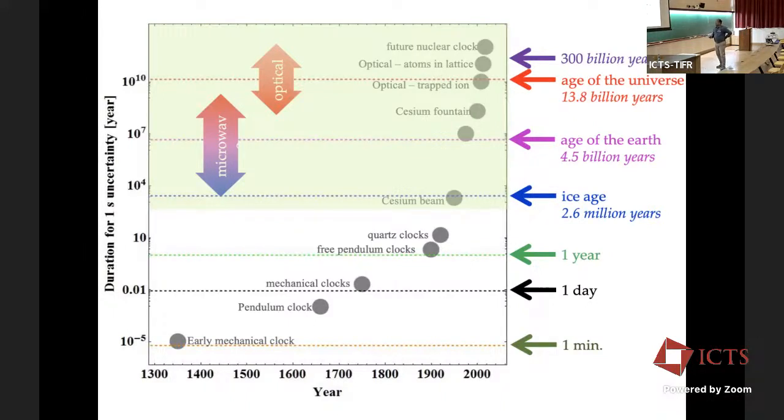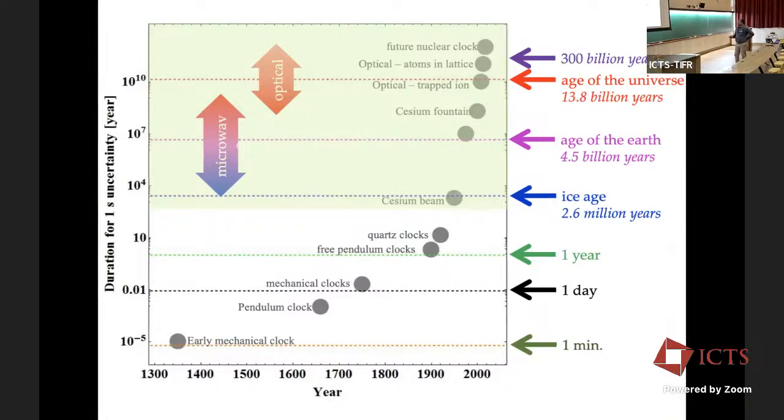You see the early mechanical clocks, something like 700 years ago, were 1 second inaccurate over just a 1 minute time scale. But we don't need to go that far. Let's just go about 120 years, which is about the time scale since quantum mechanics started.